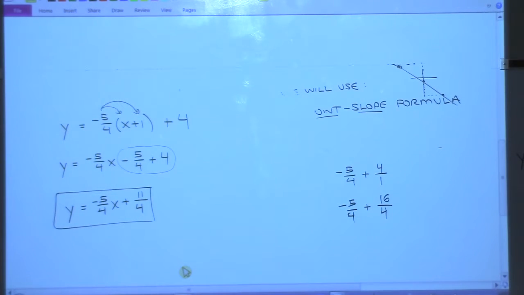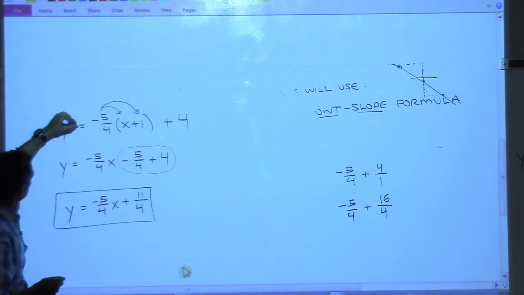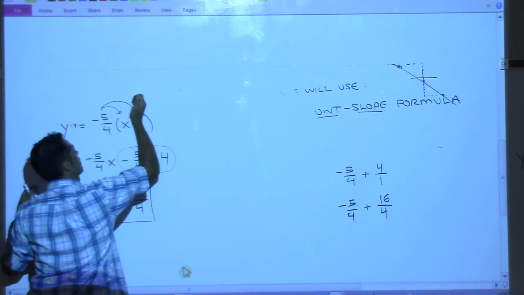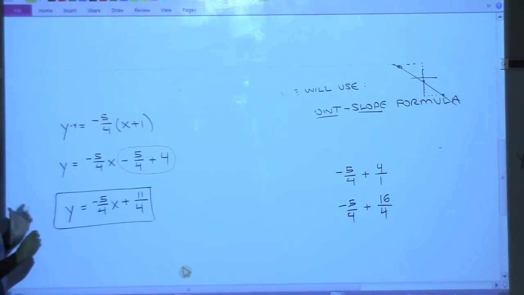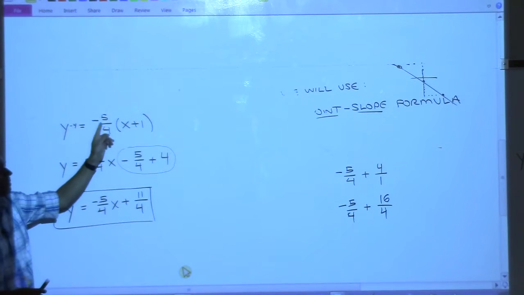Yes? We have gotten rid of the fraction before. Before which step? Before transferring the 4, when it was y minus 4 equals that part right there, could you have gotten rid of the fraction? You mean clear the fraction? The reason you wouldn't want to do that is because, let's say you multiply by 4 to clear this.